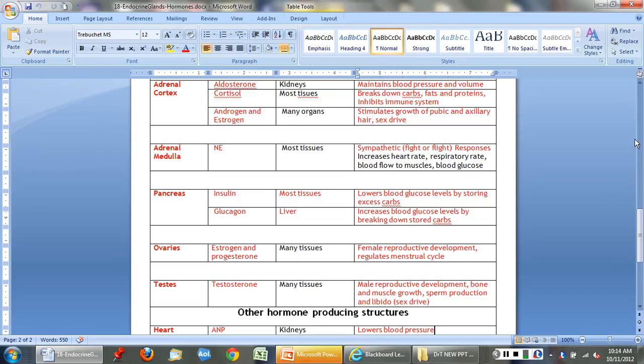Okay? So did y'all get that? So how does insulin work? Insulin lowers blood glucose levels, but you need to know how. By storing excess carbs. How? You can't think of insulin as a sponge, right?